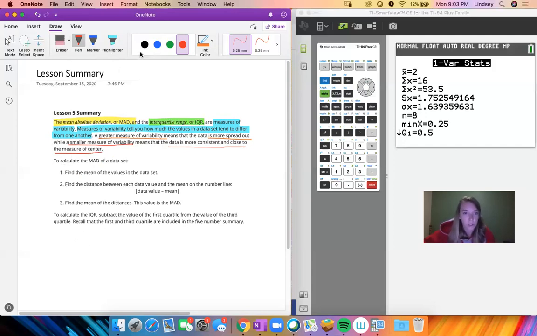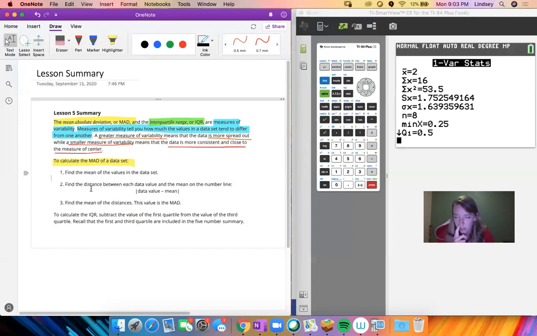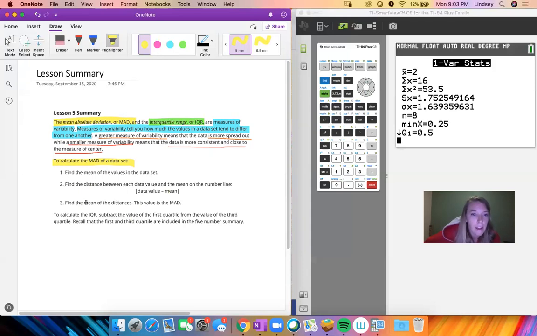All right, and then it shows you a little thing on how to calculate the MAD. But you can always refer back to that table. Oh, wow. And then it also shows us how to calculate the IQR by subtracting the Q1 from the Q3. AKA, you could just do IQR equals the Q3 minus the Q1.